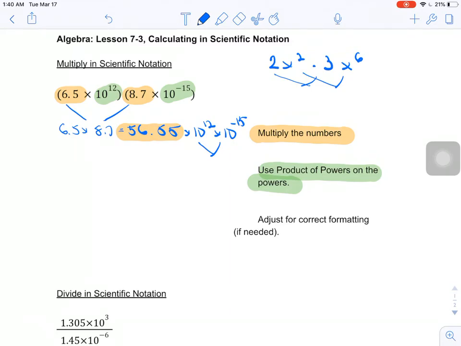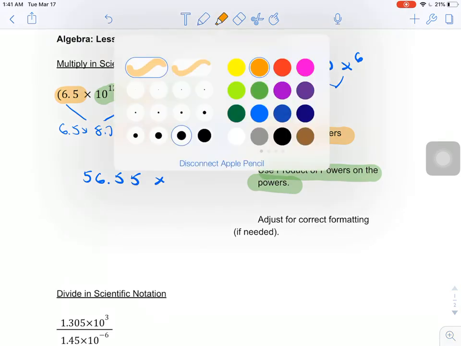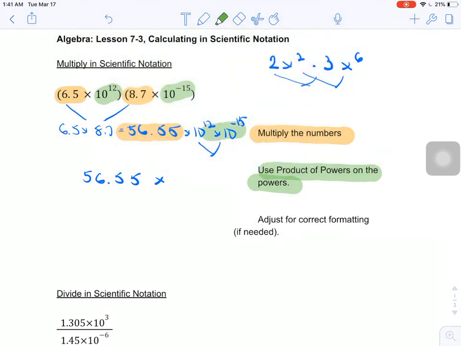So if I put these together, I'm going to end up with 56.55 times what I get when I put these two together. If we add the exponents, 12 plus negative 15 gives us negative 3. So now everything's all nice and combined.